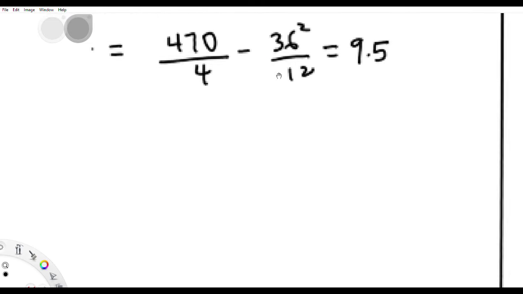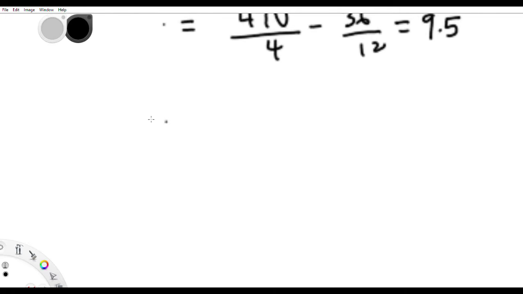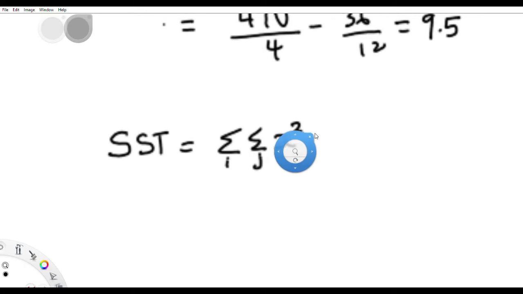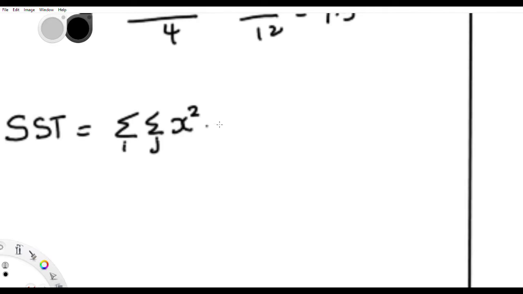Now let's get the sum of square total. Remember I said sum of square total is you sum along the row and column. That's the meaning of this I and J. Along the row and column you sum the square of all the variables, then still minus the grand total squared divided by n.